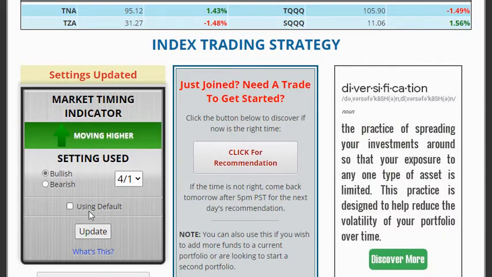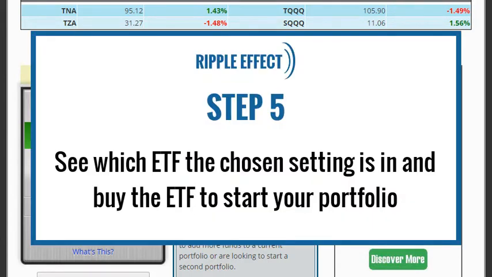Now this is telling us 2 things right here, that now we're going to be able to trade all the alerts of the 4-1 until it gets a 3-month return of 50%. And this brings us to step 5. Now, step 5 is you don't have to click any recommendation button or anything like that. Being that the previous setting is up 50%, that's your buy signal right away.